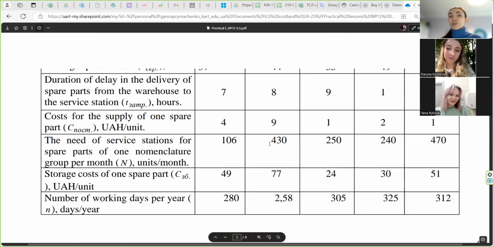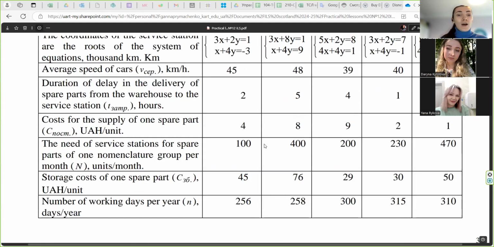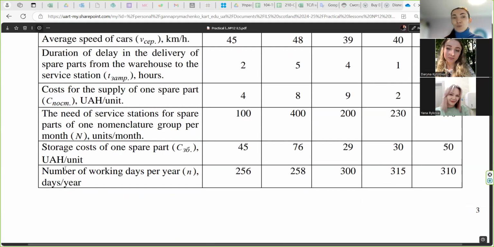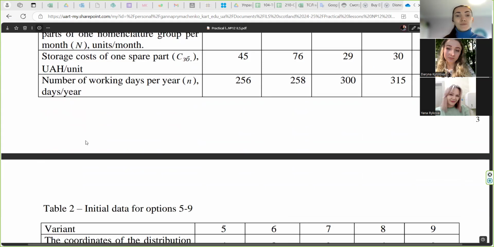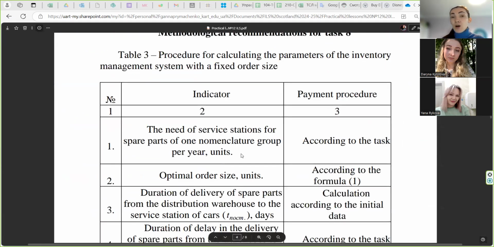It is the parameter third from the end: the need of the service station for spare parts of one nomenclature group per month. But here we need 1 year, so we need to multiply this parameter by 12.